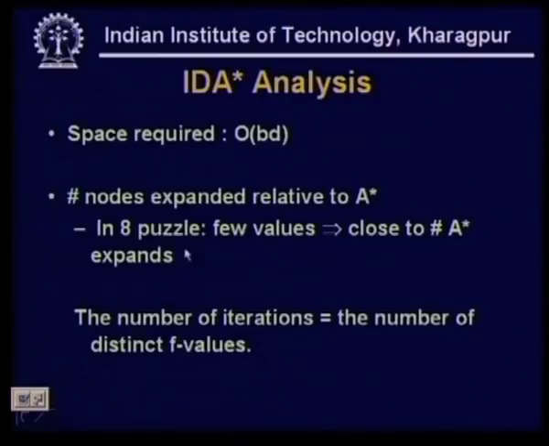In 8 puzzle, there are few values of f, and the number of nodes expanded by IDA star is very close to the number of nodes A star expands. Suppose in 8 puzzle, we use Manhattan distance or the number of misplaced tiles as the heuristic function. The number of values such a heuristic can take is very small.